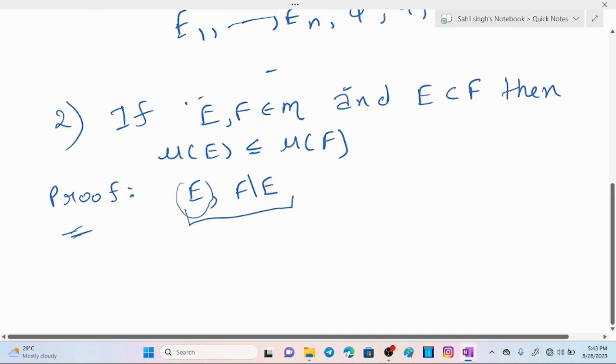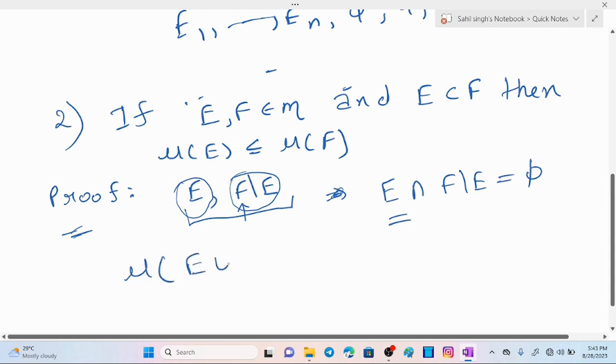Because this is the set E and this is the set in which all the elements belong to F but not to E. Therefore, these two sets are disjoint, that means their intersection is empty. So we can apply the property of measure on these two sets, such that μ of E union (F but not in E) is the sum of the two individual measures, μ(E) plus μ(F but not in E).